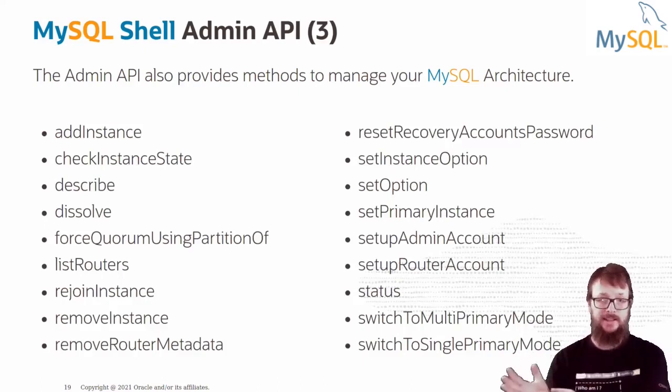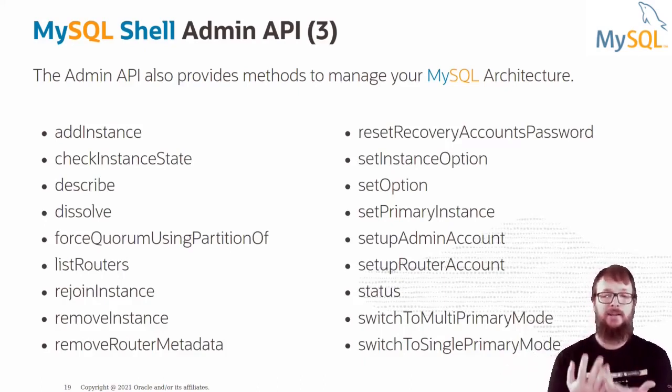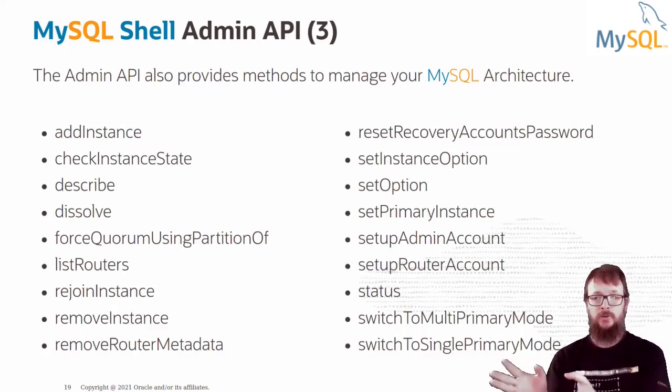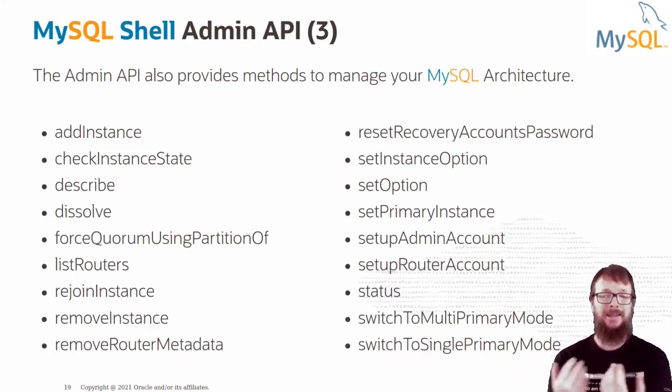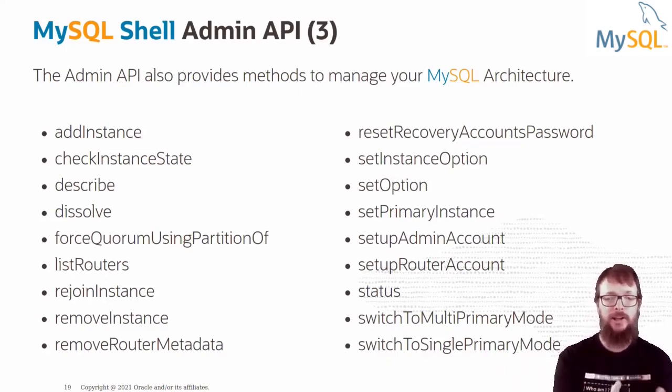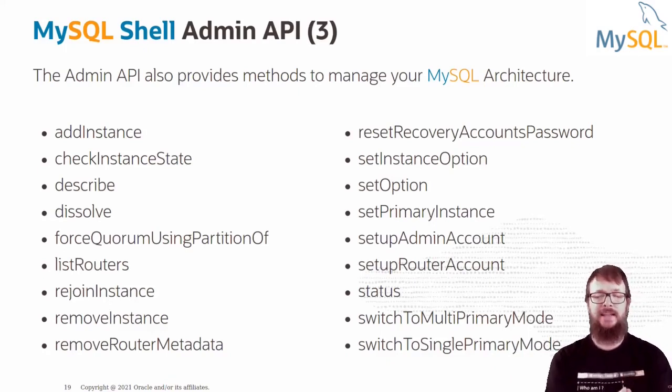So you have an instance that you want to add to the cluster. You can see, does it have missing transactions or extra transactions? Will it be compatible with the data set that is running right now in the cluster? Stuff like that is possible. You can describe your cluster or describe your replica set. You can dissolve it, stop this.